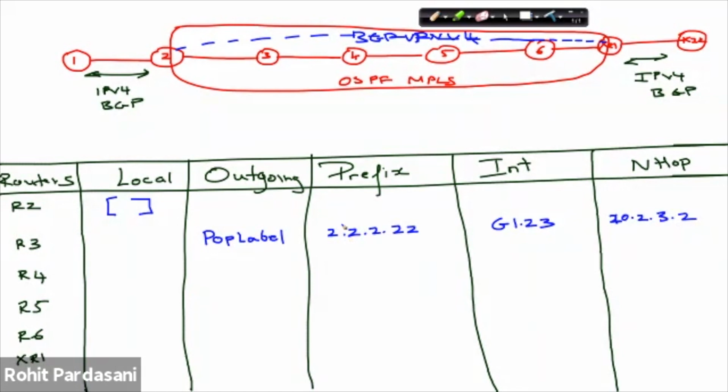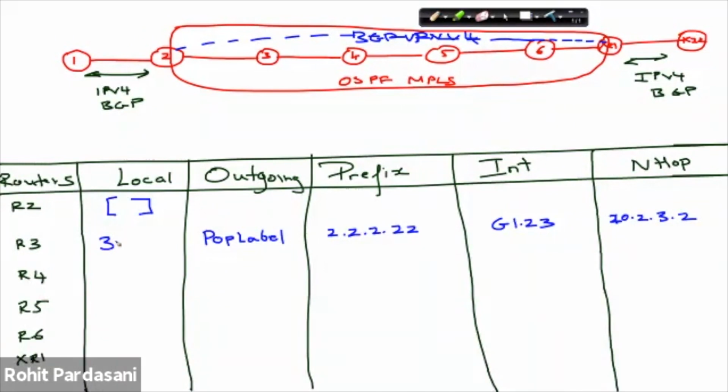Now, R3 has to advertise a label for that prefix to his neighbor, which is R4. Is that loopback 2.2.2.2 directly connected to R2 or to R3? No, right? So he cannot send an implicit null. He has to advertise a label for it.